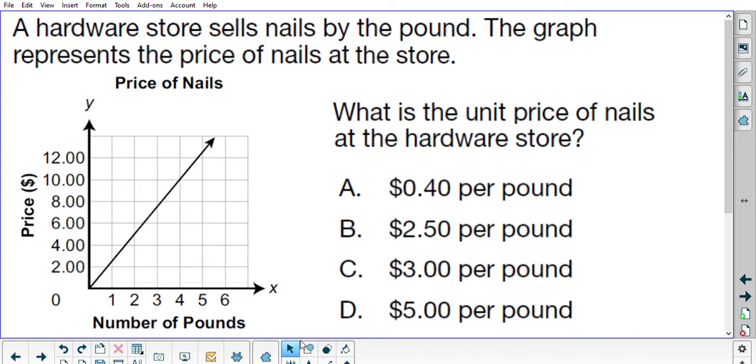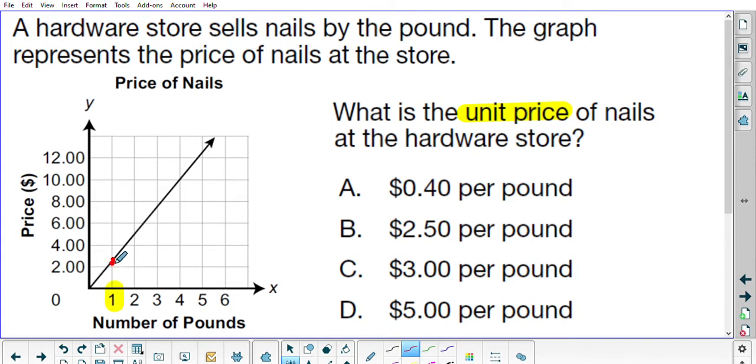Okay, I hope you remembered that with proportional relationships, you can find the unit rate, and in this case, it's called unit price because there's money involved. Still the same idea of unit rate, though. And you can find a unit rate on a graph when you find the x value of 1 and you go to the dot that would be at that location.